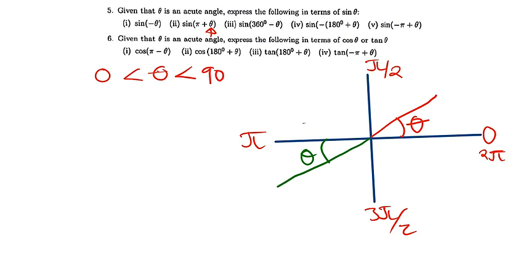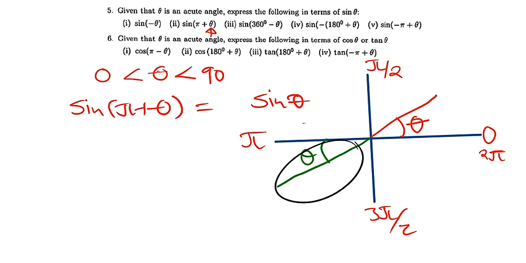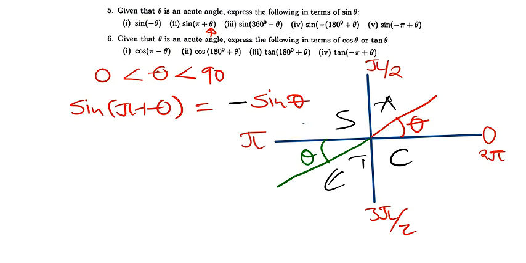So sine of pi plus theta is equal to sine theta. Now, is sine positive or negative in this quadrant? Negative. All students take calculus: tan is the one that's positive in the third quadrant, so this is negative sine theta. Let's move to the next one.